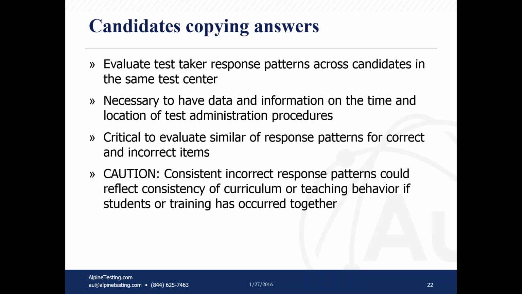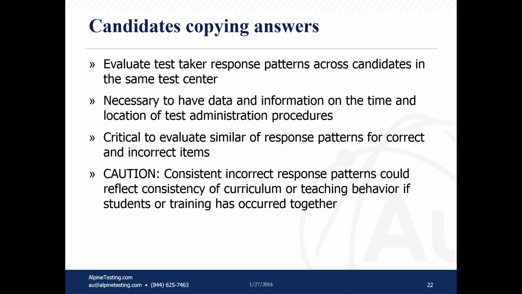When we're talking about copying answers, what we end up looking at primarily is the pattern of item responses. If you have the administration information and you know where people were sitting when they were taking the test, who else was in the room with them, you can compare a given candidate's responses with those of people sitting near them.